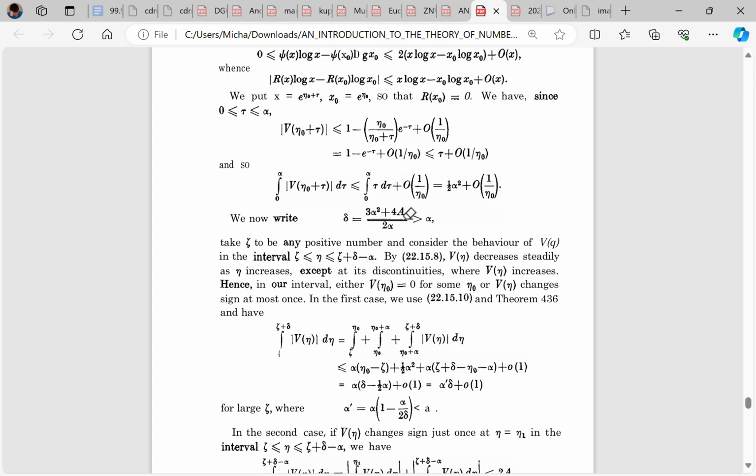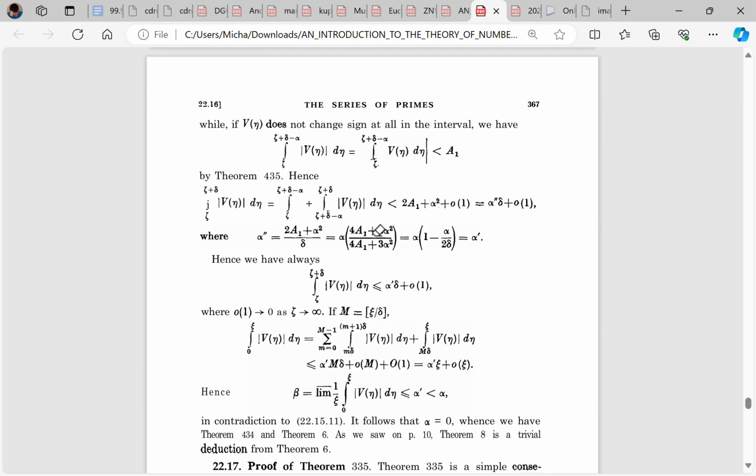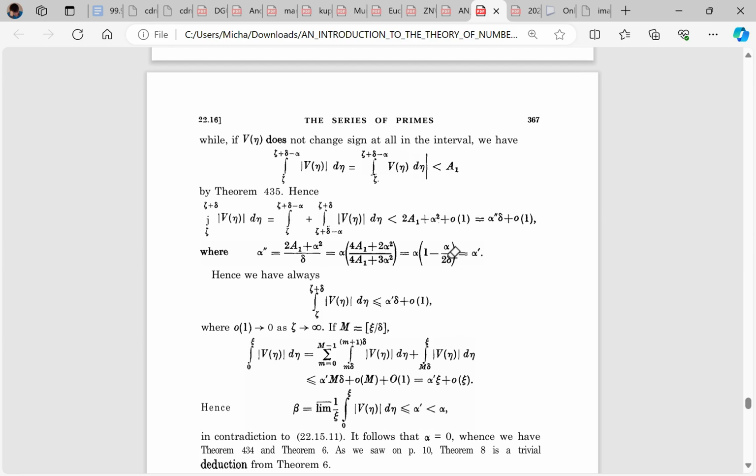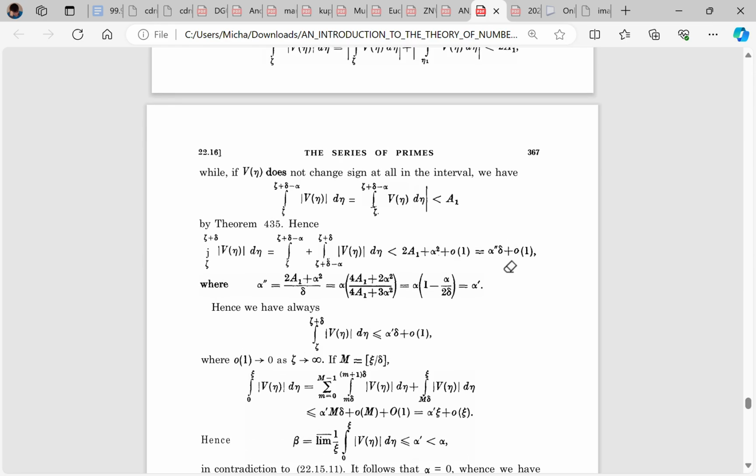You get this. And then on top you can add alpha squared and minus alpha squared, and then if it's just alpha squared, you can take an alpha out, divided by 2 to make it 2 alpha, and then you get delta again on the bottom. So this is exactly the same as alpha prime. So alpha double prime is the same as alpha prime.